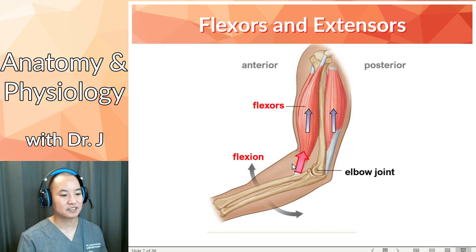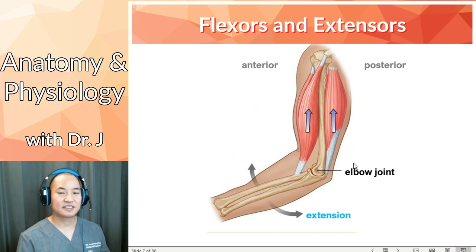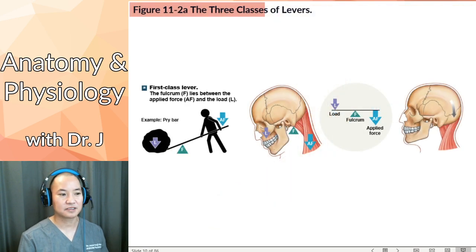Notice that the flexion is toward the anterior at the elbow joint, and the flexors would be toward the anterior as well. Whereas the extension of the elbow joint is toward the posterior, so it makes sense that those extensors are toward the posterior as well, because again, you're shortening the distance. You want it closer.